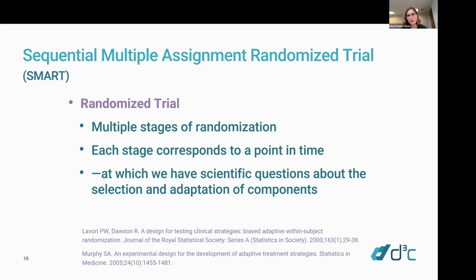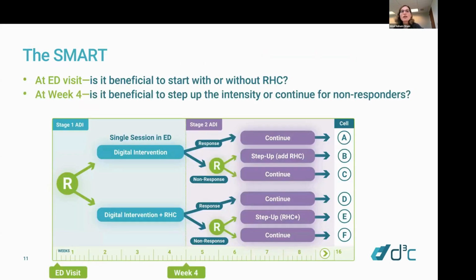That's why you randomize. Okay, so for example, if I don't know how to initiate my adaptive intervention with or without coaching, then instead of starting the intervention with minimal support, I can randomize to the intervention with or without coaching. And then if I don't know what to do for non-responders, step up or continue, instead of stepping up for non-responders, because I have a scientific question about whether I should step up, then I randomize at week 4 to either step up or continue.